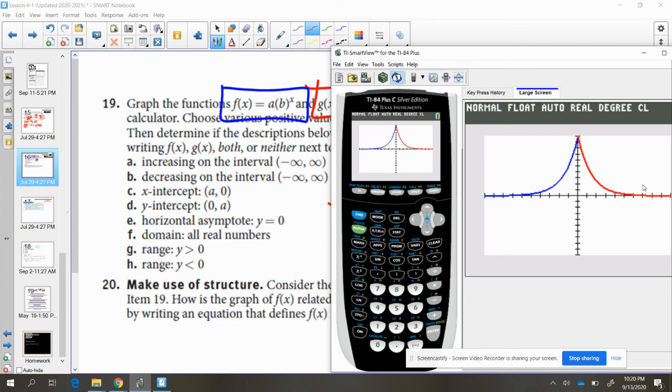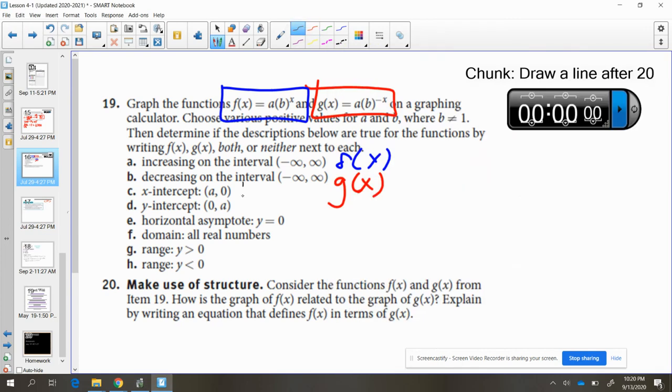Well, neither of them, because neither of them touch the x-axis. But which one of them has their y-intercept at 0 comma a? Well, both of them touch that y-intercept at 0 comma 10. So neither of them has that x-intercept since neither touches it, but both of them touch the y-intercept. Both of them also are going to have that horizontal asymptote at y equals 0.